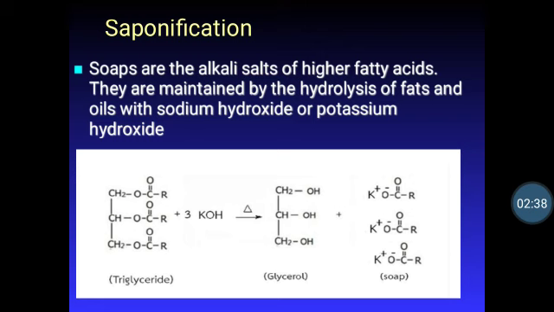So 3 soap molecules will be obtained. This is the potassium salt of fatty acid. This chemical reaction is known as saponification. The sodium soaps, which in general possess hard consistency, are called hard soaps. The potassium soaps, which are softer and more soluble, are called soft soaps.